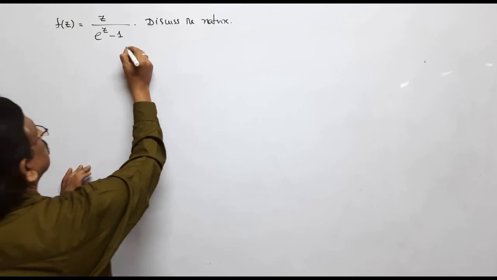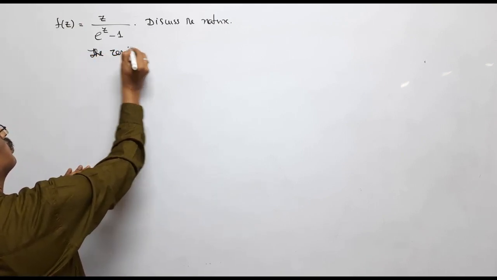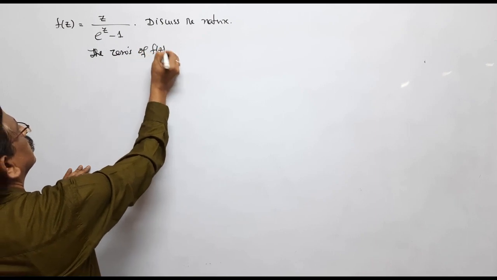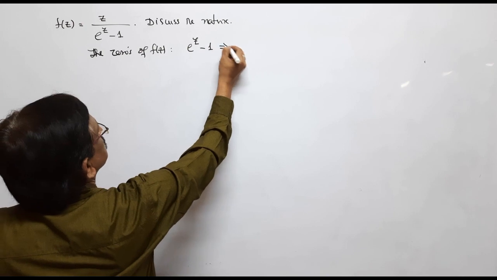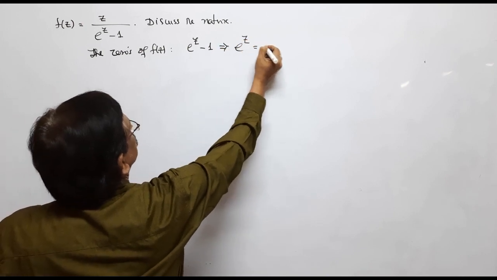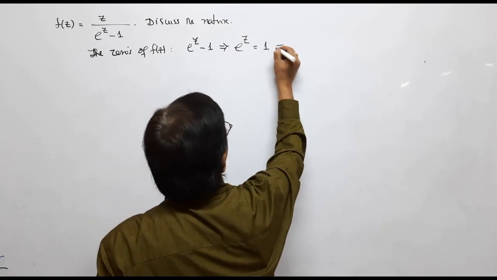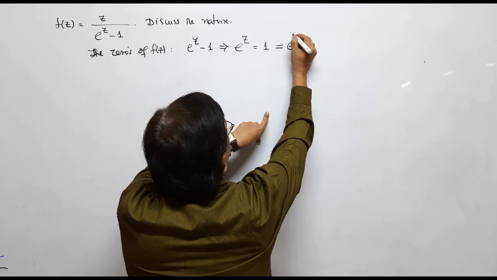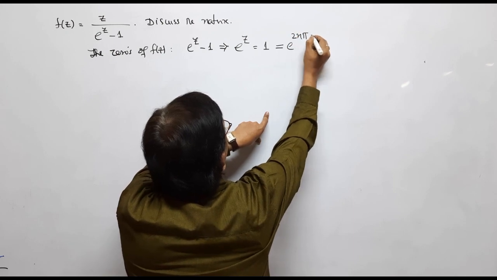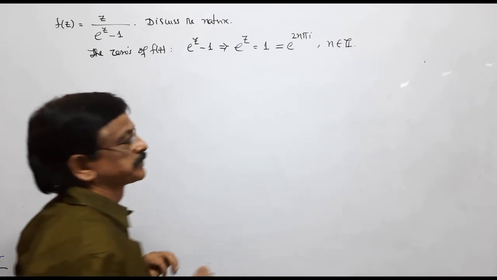Let me see. So the zeros of the denominator are e power z minus 1 equal to 0. This implies e power z is equal to 1, which implies, for 1 I can write e power 2n pi i, where n belongs to Z, the set of integers.